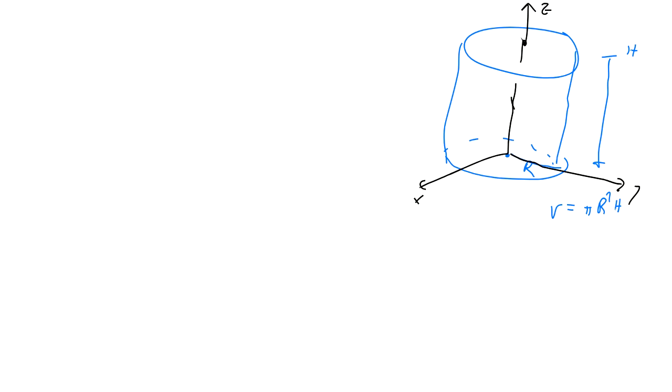Notice that the top plane has equation z equals h. The bottom plane is z equals 0. And this cylindrical wall has equation x squared plus y squared equals r squared.